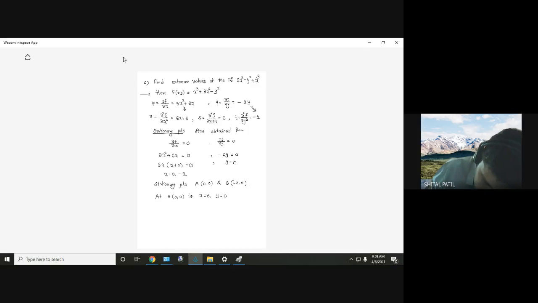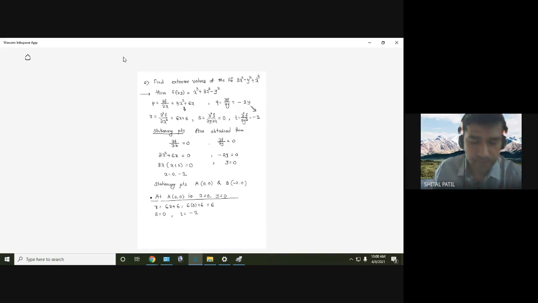Take the first stationary point, 0, 0. Find r, s and t. r contains x, therefore substitute the value of x.